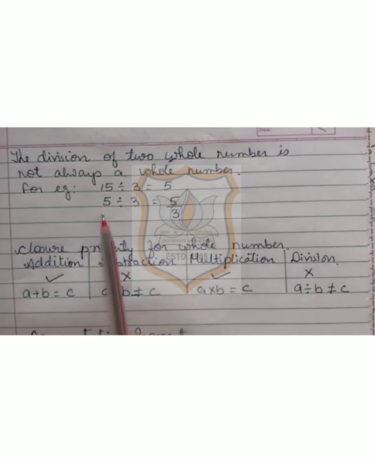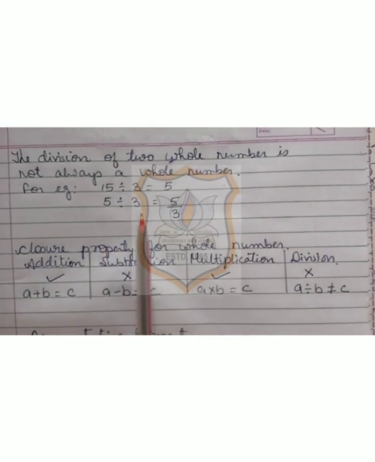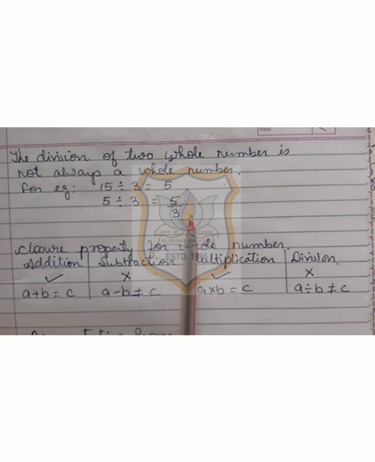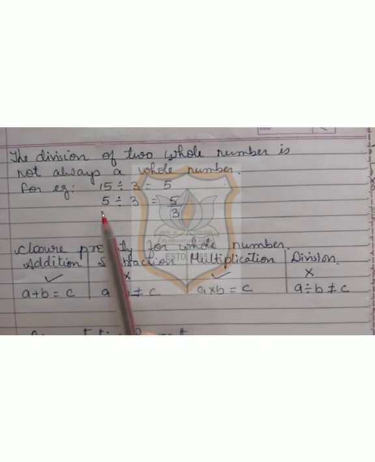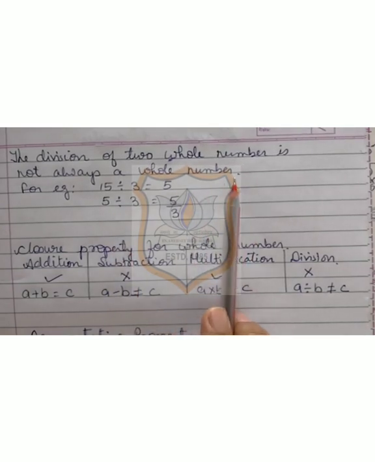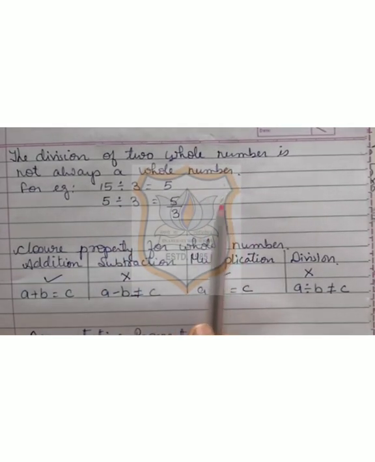But if we divide 5 by 3, then we get the answer in a fraction form, that is 5 upon 3. We will not get the answer in a whole number. So by dividing two whole numbers, it's not necessary that we get an answer in a whole number.